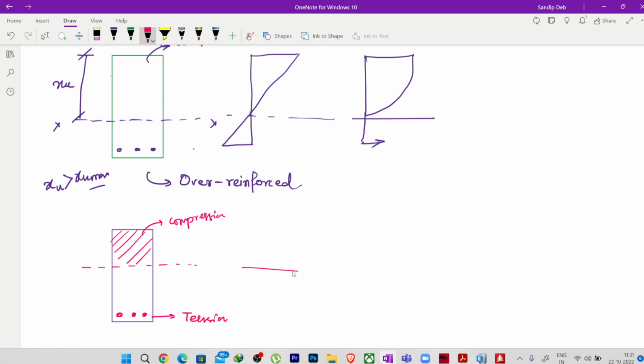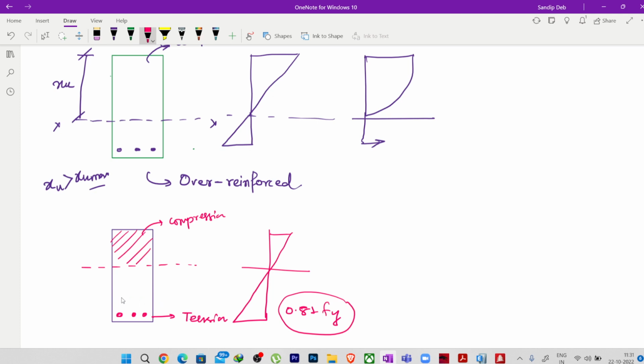So here the strain diagram will be something like this. Right? So the reinforcement is reaching its ultimate limit of stress, which is 0.87 Fy, but when the reinforcement is at this limit, the concrete is not reaching its 0.446 FCK limit. So the reinforcement will fail first before the concrete fails.